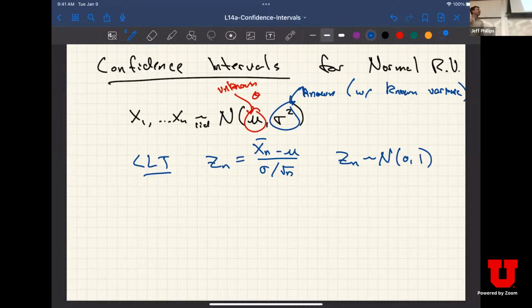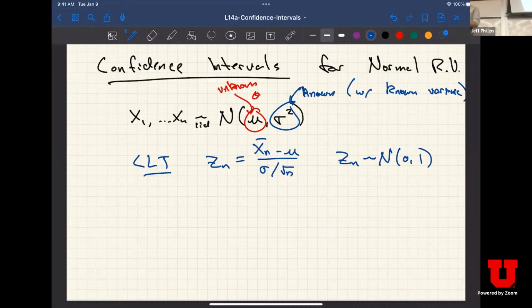I want to convert it into this because then I know what the values are for a standard normal distribution. I can study this distribution and know some actual constants ahead of time, which will be useful for common choices of alpha for these confidence intervals.